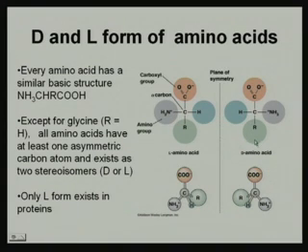This is the chiral carbon, and in the L form the amino group is on the left, while in the D form the amino group is present on the right hand side. So, stereoisomeric character is one of the very important properties which determines the L form or D form of the amino acid.